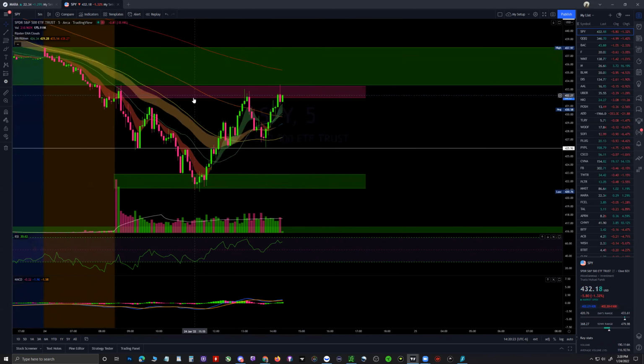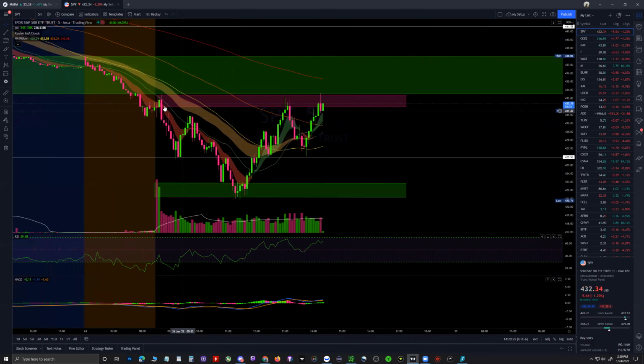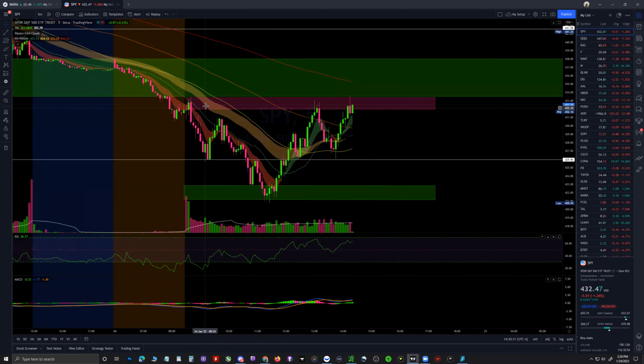So the way that we set these supply and demand zones: we've got our demand zone at the bottom and our supply zone at the top. In the first 15 minutes of the day is when I created this supply zone. Our first candle ended kind of like a doji, then our second candle pumped up and ended, and then our third candle pushed back down.